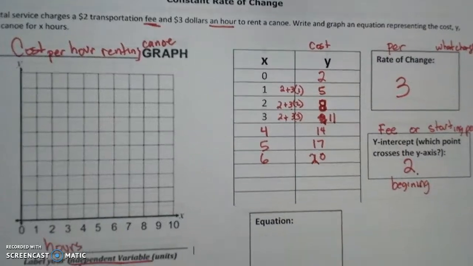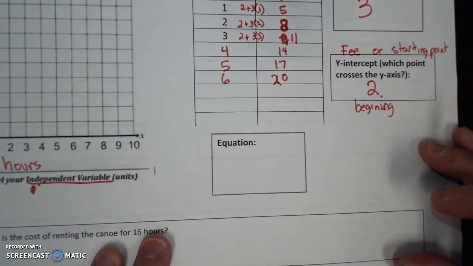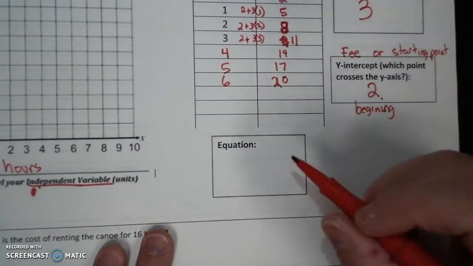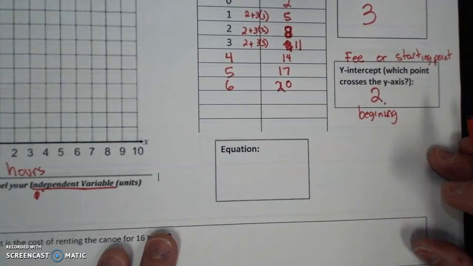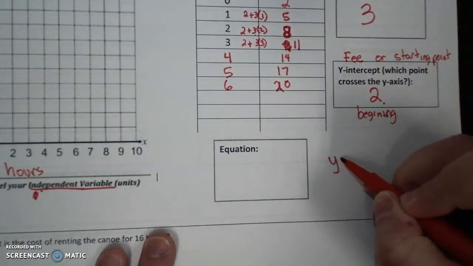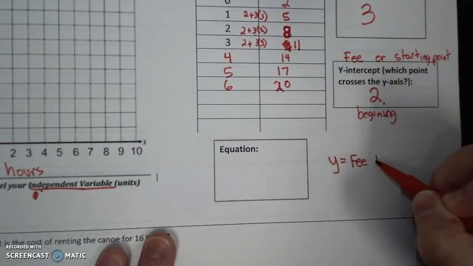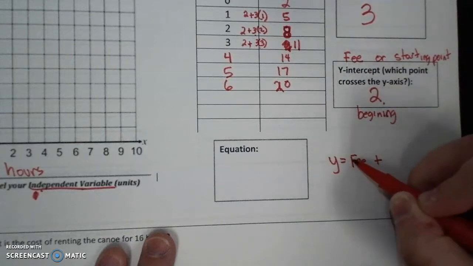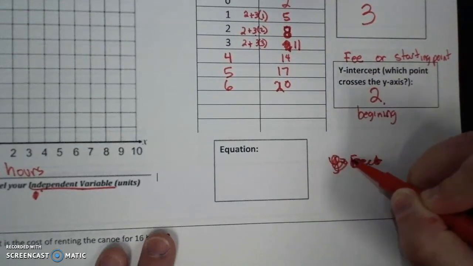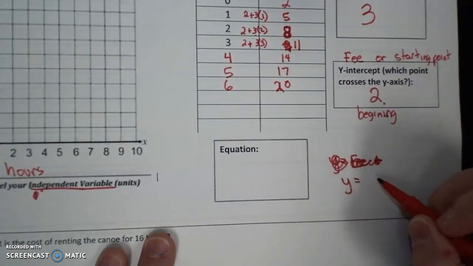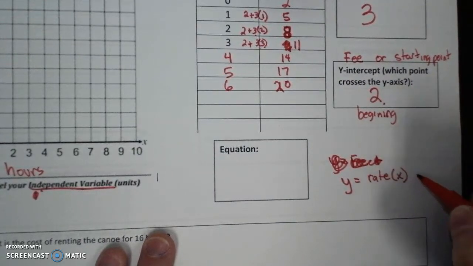Okay, so now I can come to the equation, and usually when we're doing constant rate of change, y equals the fee plus, we're going to do it a different way. Hold on. y equals the rate times x plus the fee.